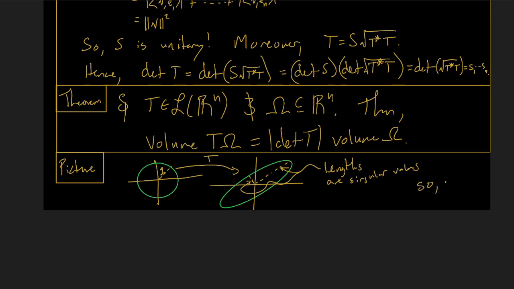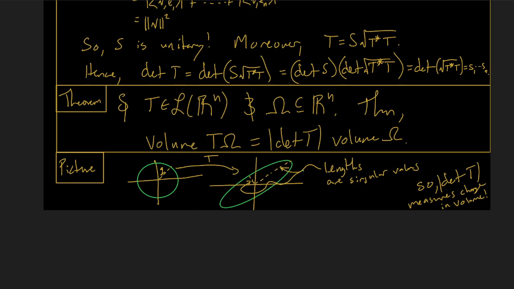So the determinant of T measures, in some sense, just obviously from this picture, change in volume. That makes some sense. After all, all you need to calculate the volume of an ellipsoid is the lengths of its axes, right?